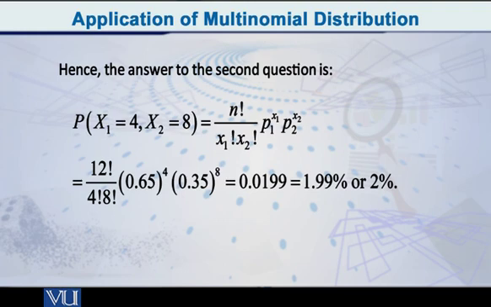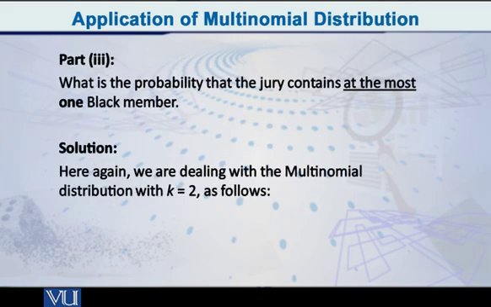So Q is equal to 35%, यानी 0.35. Of course, P plus Q has to be equal to 1. 0.65 plus 0.35 is equal to 1. तो इसको भी आप solve कर लें आसान तरीके से, and this time the answer comes out to be 1.99% या 2%.